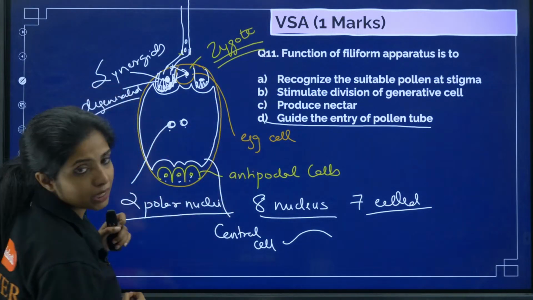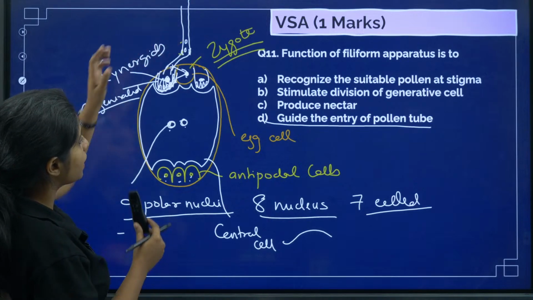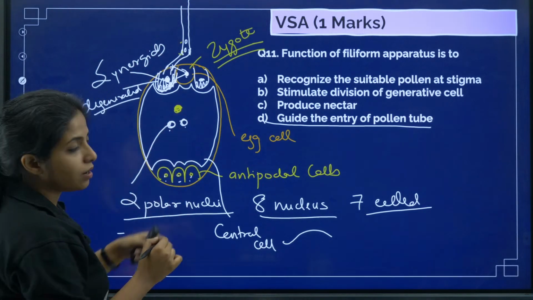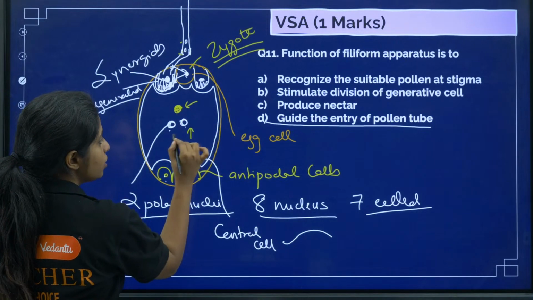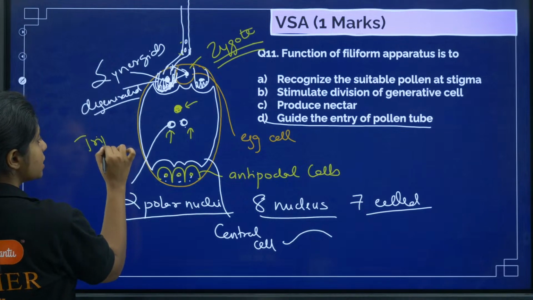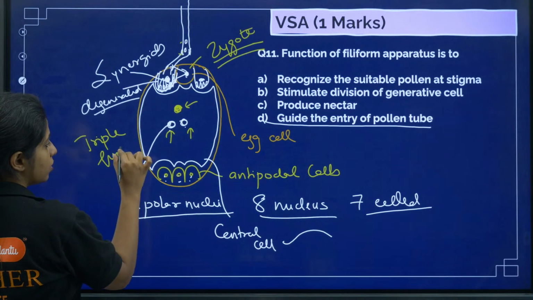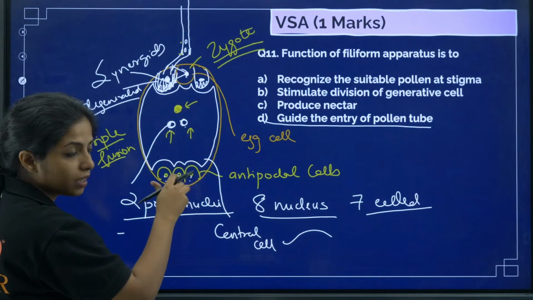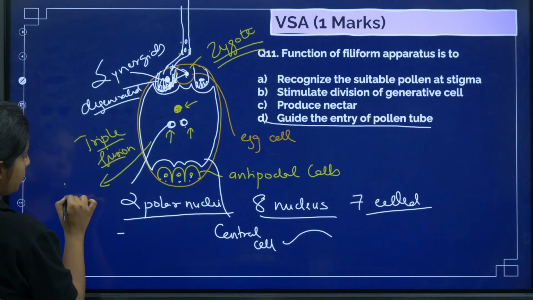This is known as syngamy. Then the other male gamete fuses with the 2 polar nuclei over here. So you have 1 nucleus, 2 nuclei, 3 nuclei. Since 3 nuclei come together, you call this triple fusion. And in this case, the central cell will become primary.